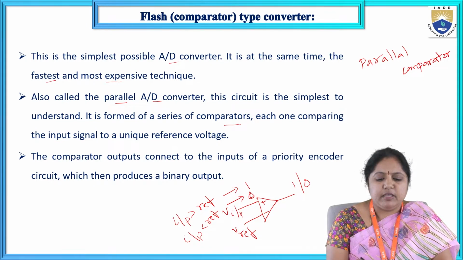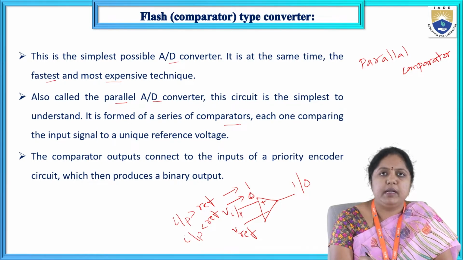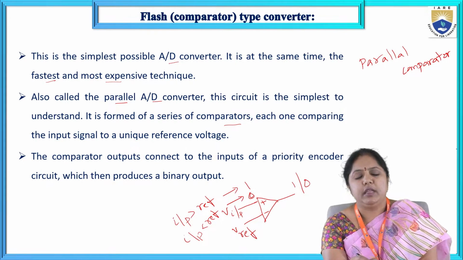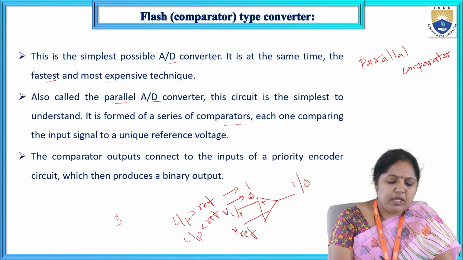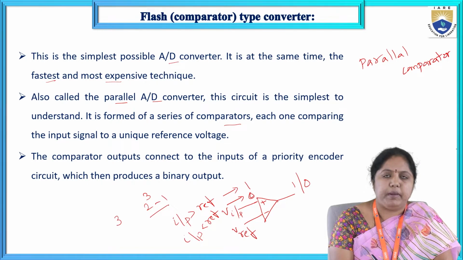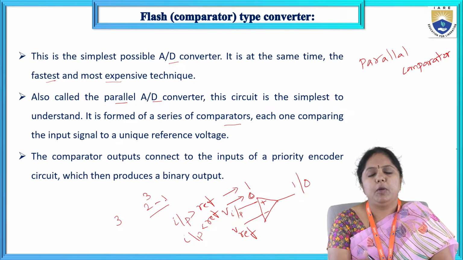At the same time, in the parallel comparator, we are taking many comparators. How many comparators we are taking? Suppose it is a 3-bit. 3-bit means we are taking 2 power 3 minus 1 number of comparators, that is a total of 7 comparators, based on the number of bits.